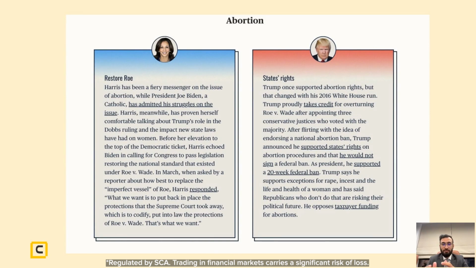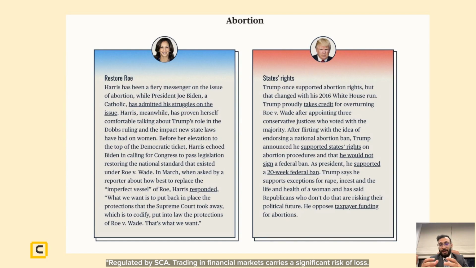Abortion, again, Trump used to support abortion rights, but then once he started running for president in 2016, he proudly took credit for opposing the issue, and a national abortion ban was being endorsed.